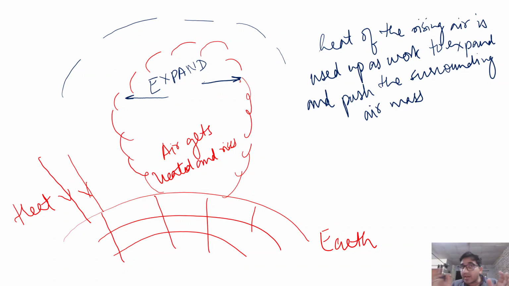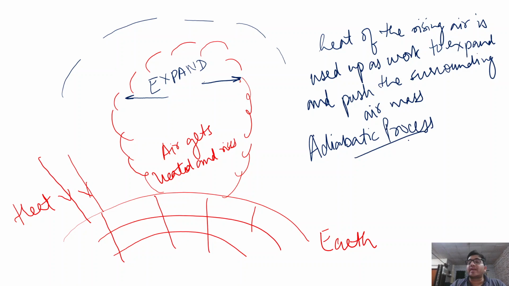यानी जब वो काम कर रहा है तो वो हीट डायरेक्टली अगल बगल के एयर मास को नहीं दी जा रही है, बल्कि वो एनर्जी वर्क के फॉर्म में यूज अप हो रही है। तो क्या होगा कि ये जो राइजिंग एयर मास था, उसका भी टेम्परेचर घटेगा। इसी को कहते हैं एडियाबेटिक प्रोसेस। आपने फिजिकल केमिस्ट्री में इसको पढ़ा होगा कि what is adiabatic process.